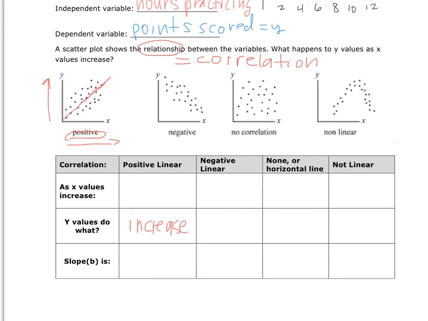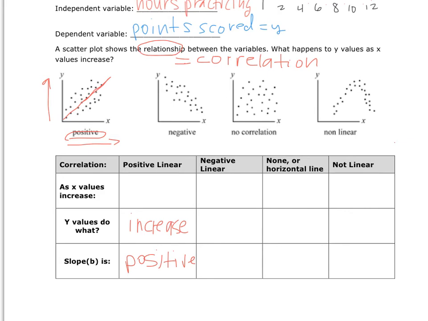They're increasing. If we put a line through the points, we can see that the line has a positive slope because it's increasing. So that value b is going to be positive when we have a positive linear correlation.